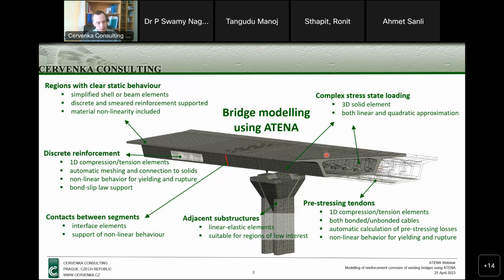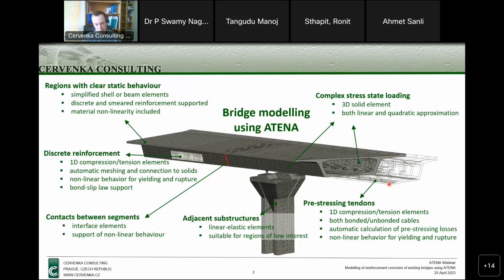Then when we are dealing with bridges, we often want to apply prestressing. This can be in a form of bonded and unbonded cables, meaning that we can simulate the prestressing, which is done either in some factory or on the site.